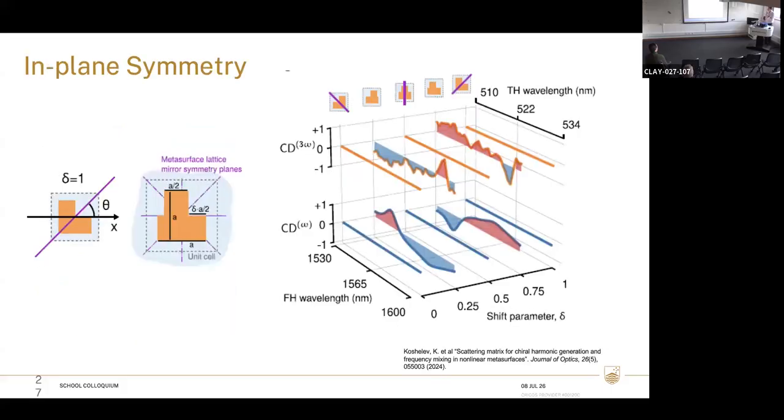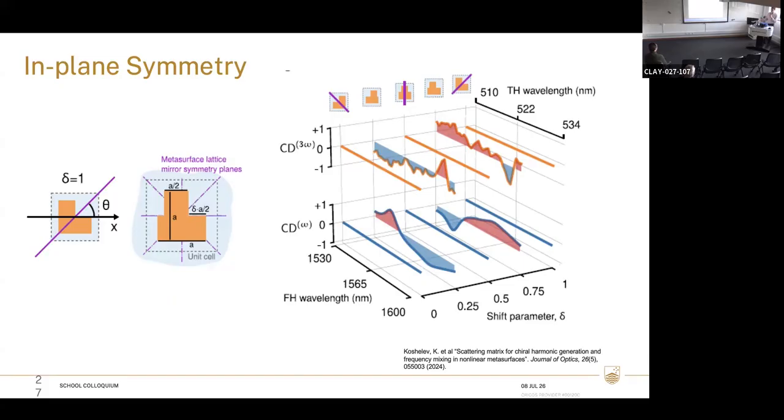And as I said, symmetry is quite important for harmonic generation. So, for example, if we have this L-shaped meta-atom, and it has mirror symmetry, then both linear and nonlinear CD will be equal to 0.